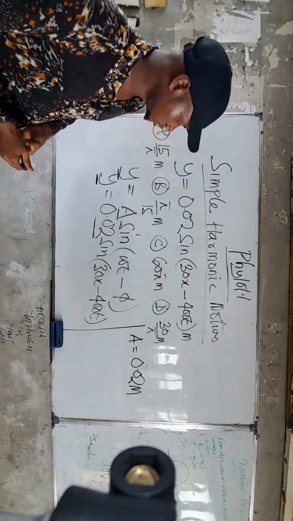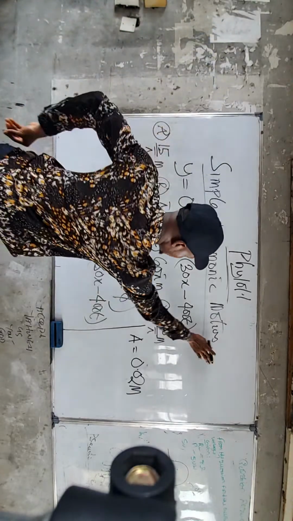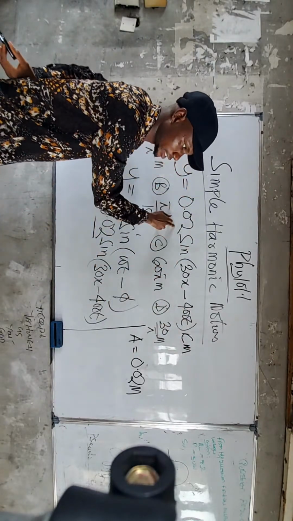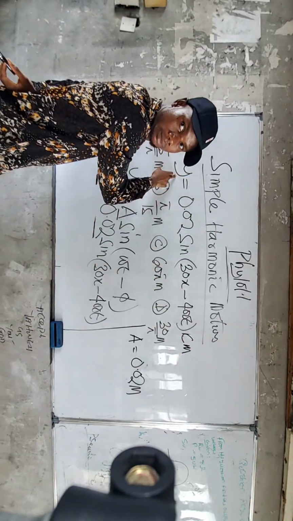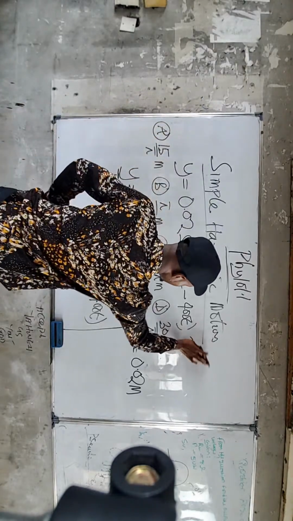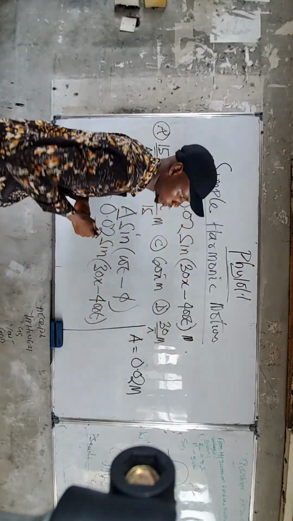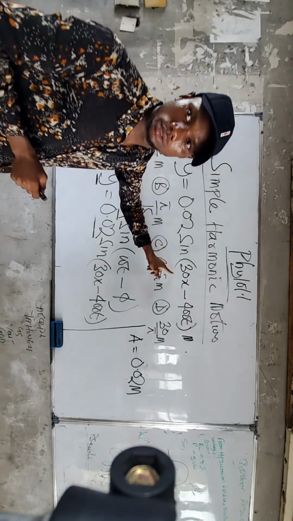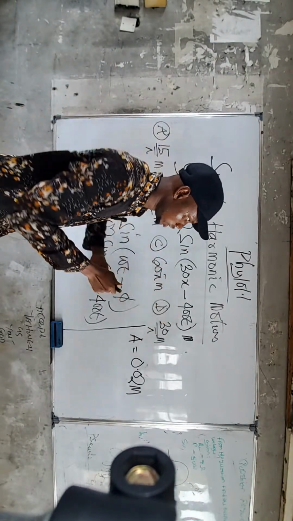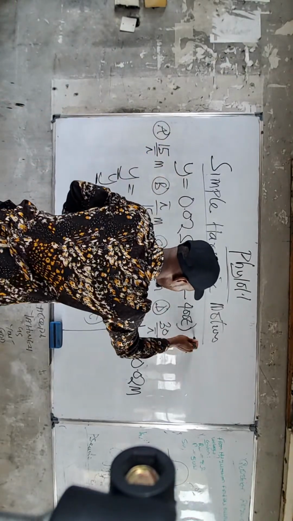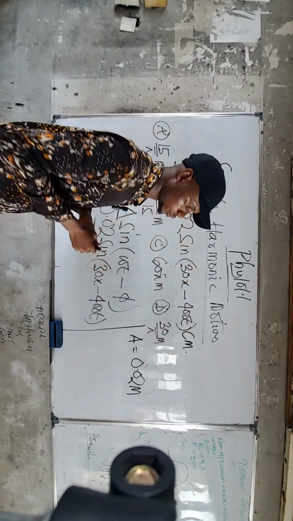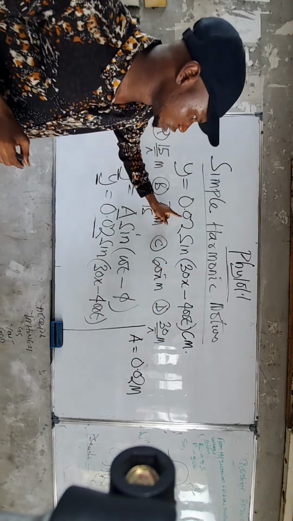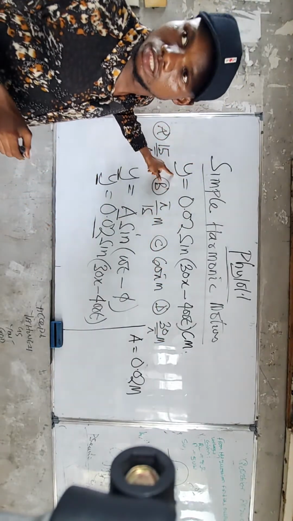Now if I have cm here, that means this cm is only affecting the parameters outside, which is 0.02 and y. Please take note. But we are given only meters here, please don't be confused. Listen. If I have y equal to 0.02 sine into 30x minus 400t, and maybe I have an equation like this with cm, in any question, it means that this cm is outside, so it's only affecting the parameters outside, which are the amplitude and displacement.